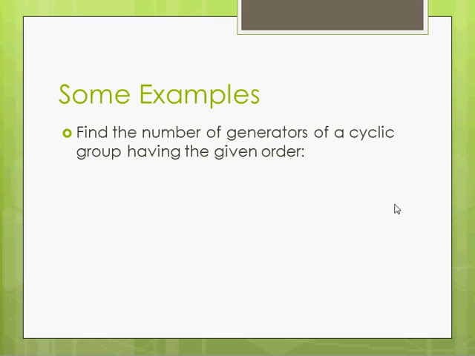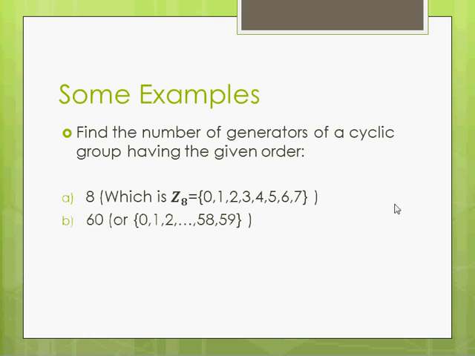Find the number of generators of a cyclic group having the given order, 8 and 60. If it has order 8, it's going to look like the group Z8, which is the set 0 through 7 in the integers, and Z60 is the set 0 through 59.